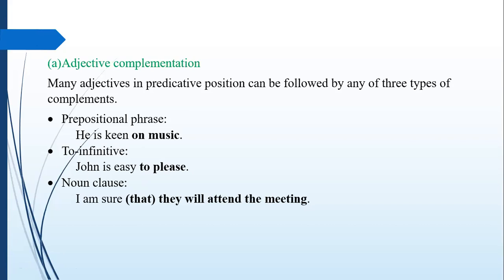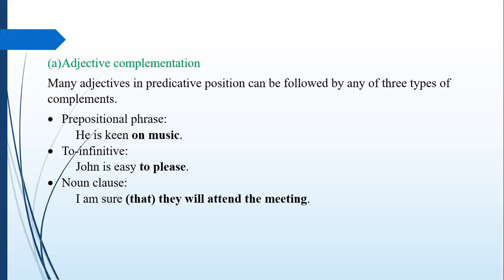Number three, we have a noun clause. I am sure that they will attend the meeting. Look at the adjective sure here. You are sure what? You need a complement here. I'm sure they will attend the meeting. And look, that is between parentheses here, so you can omit it or delete it.